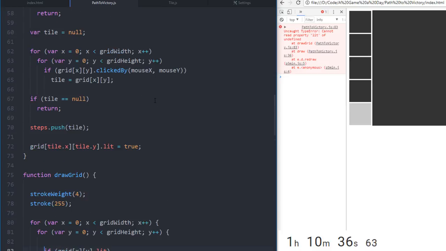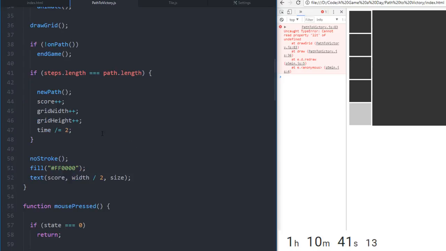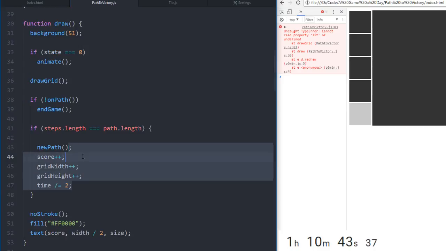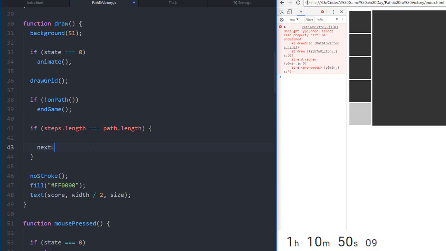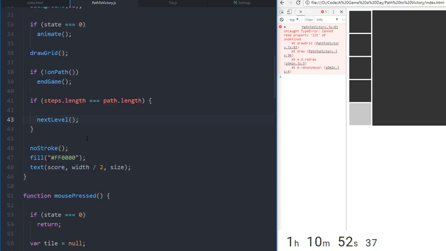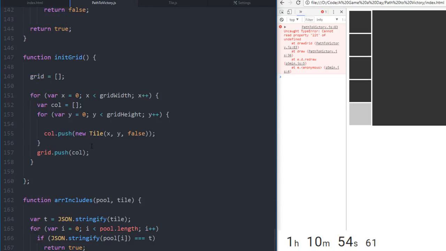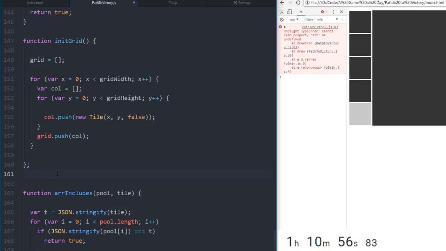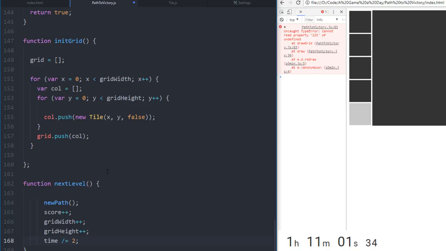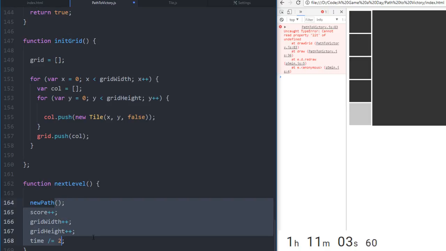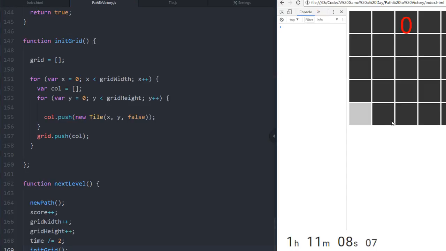So if we're constantly saying draw grid, so we increment this, say that, next level. Function next level. We have so many functions. Function next level. There. Okay. We'll say init grid from here.